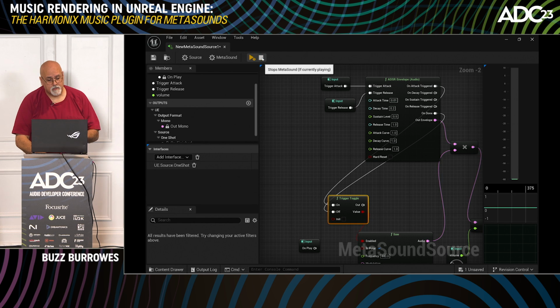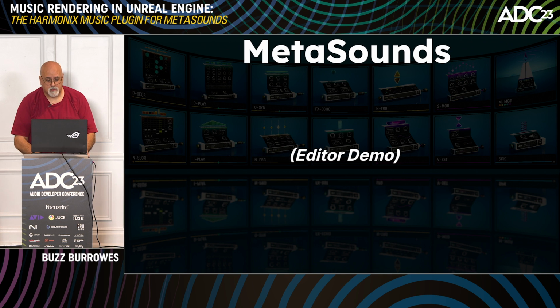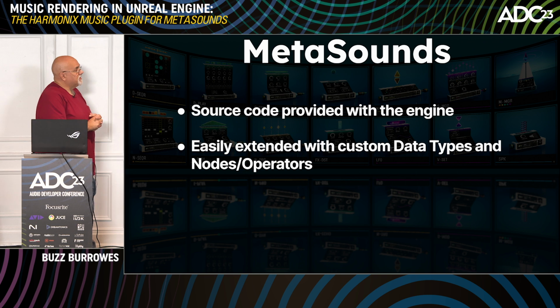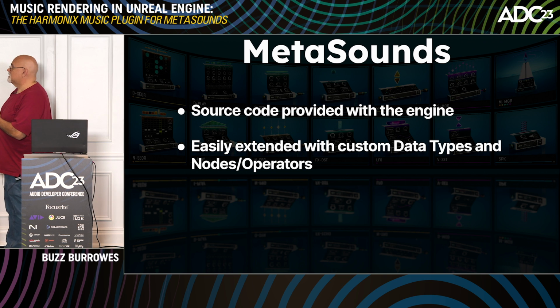And with that, I think I will switch my monitor back and keep it. And then I can go here. So let's talk about that MetaSound stuff we saw. So the source code, like everything in Unreal Engine, is available to all licensees.